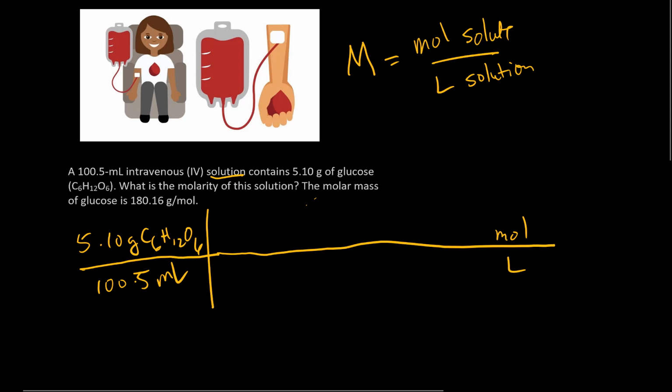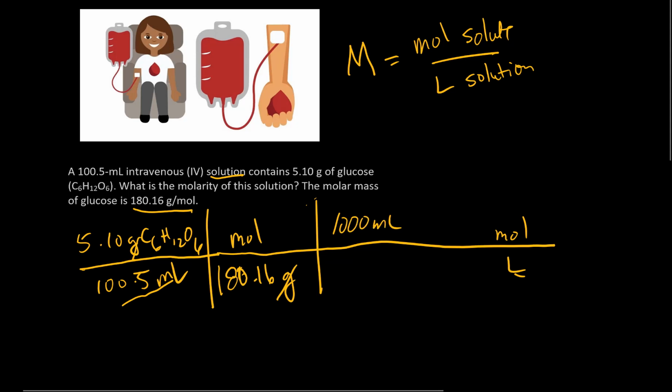Now we can do a really quick thing here. They actually help us out. They give us the molar mass, so we go 180.16 grams per mole. Then we can cancel out grams. And then our solution here is in milliliters, but we need to have it in liters. So we put 1,000 milliliters on top, divided by 1 liter.